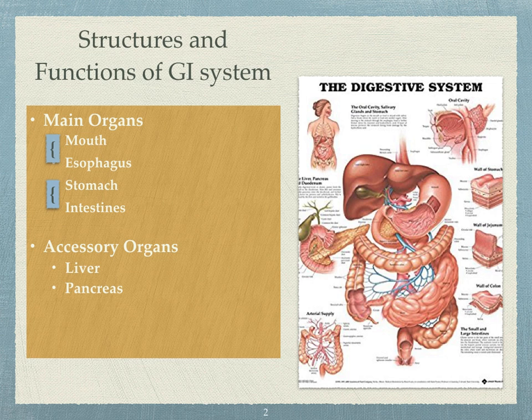Obviously, the mouth is going to mechanically break it down until we are able to swallow it, which will then go into the esophagus and then get into the stomach. Once it has made its way through the stomach, it's going to go through the intestines. Both of these are very vital with digestion and absorption of our food particles. The stomach's going to do most of the digestion, but the intestines do have a role in that as well.